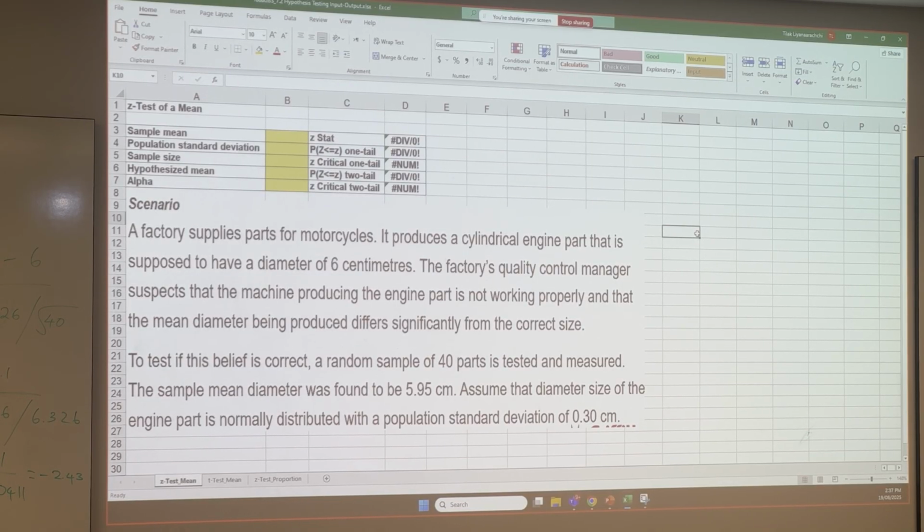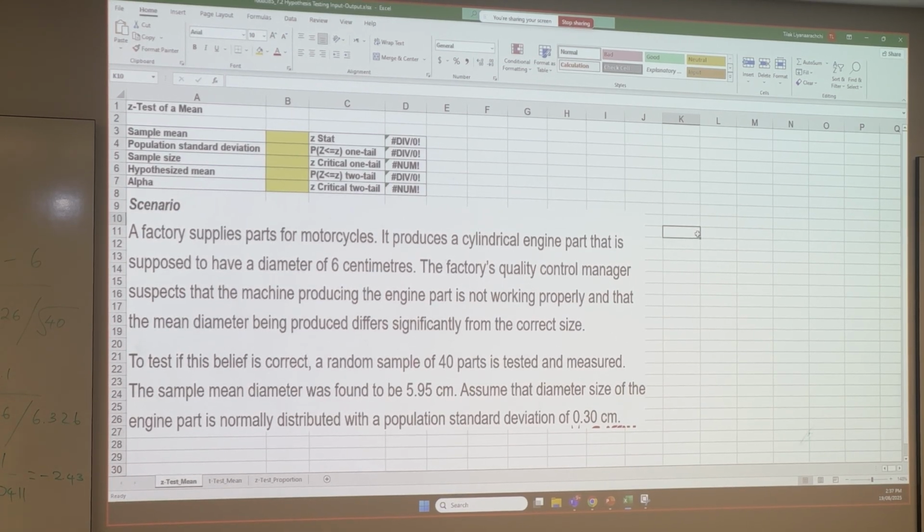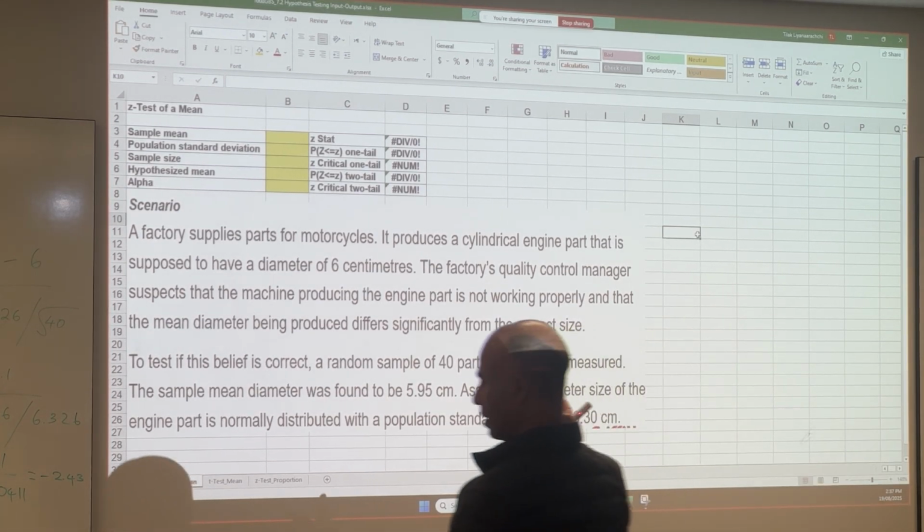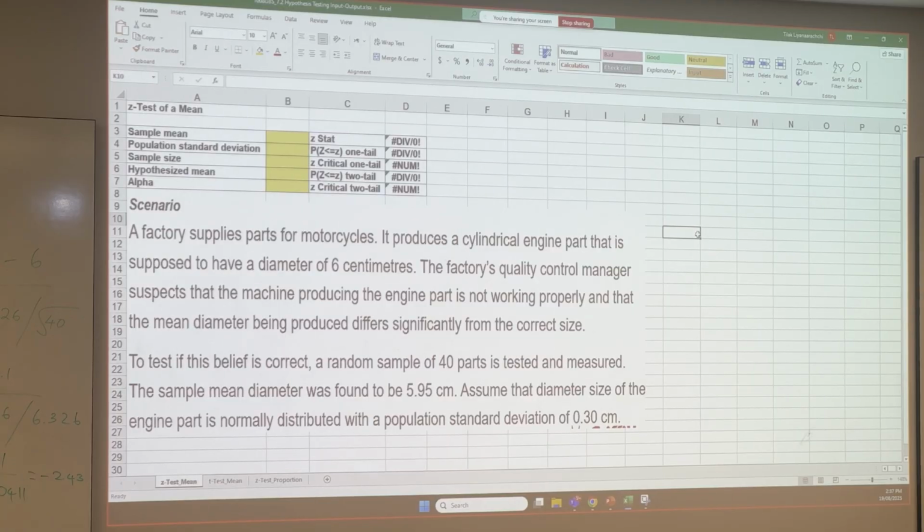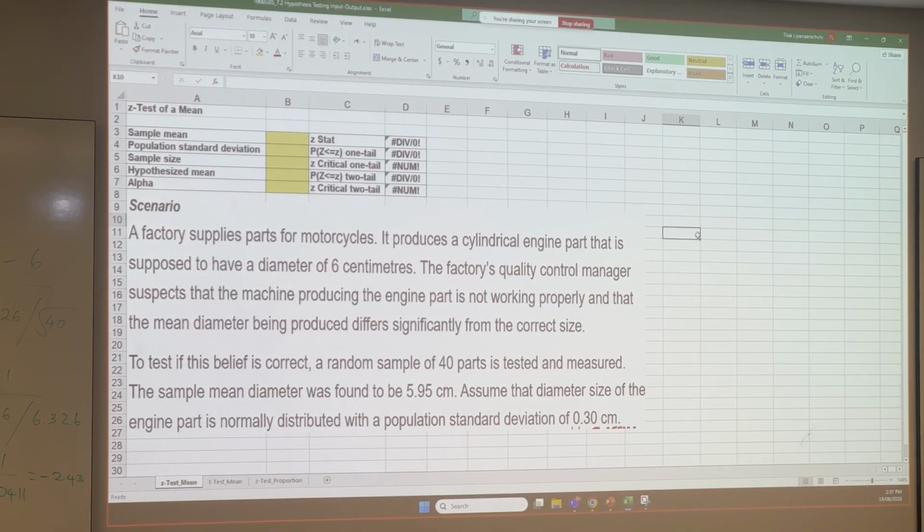There shouldn't be a problem, but it works for everybody. So what did you find here? Anyone found the answer? I have a question. Where is the Excel? If you go to week 7 and scroll down to the bottom, the last one is the Excel sheet.